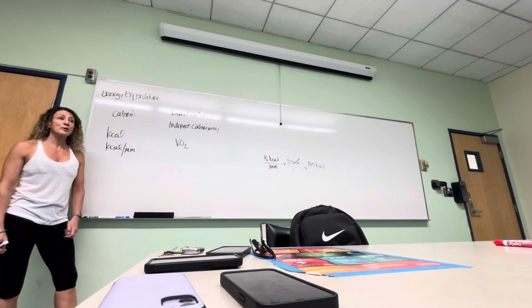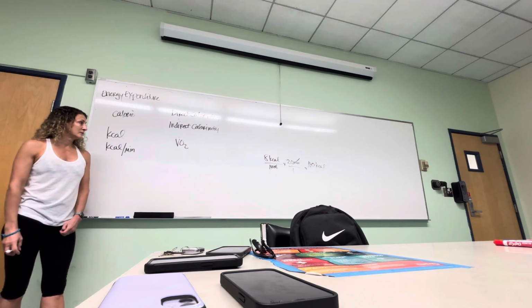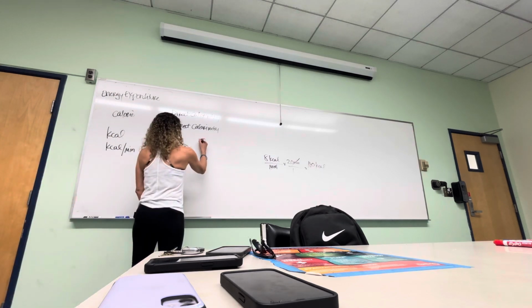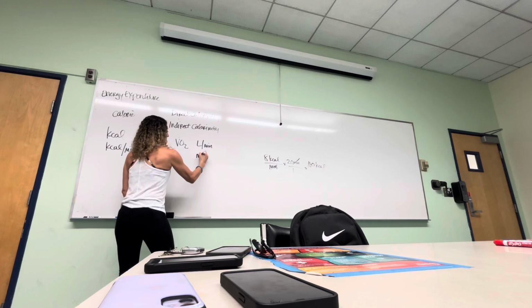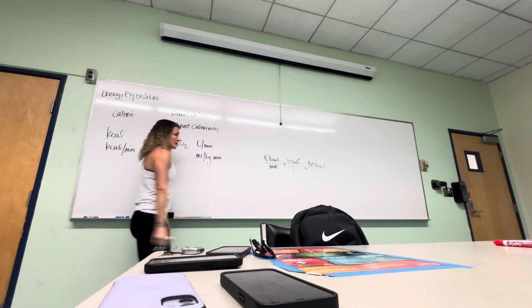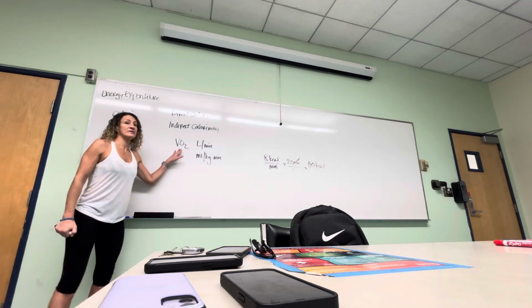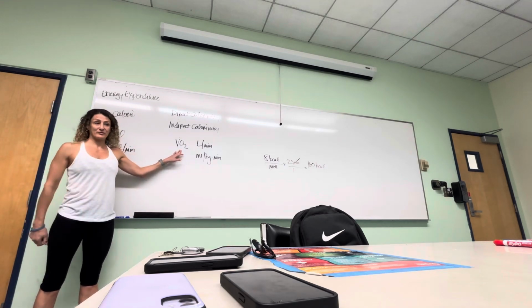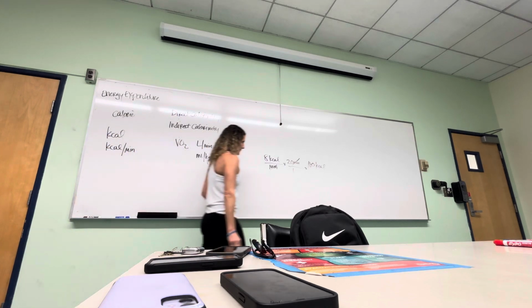It's also going to be per minute. So volume of oxygen will be expressed either in liters per minute or in milliliters per kilogram of body weight per minute. Oxygen consumption. So VO2 I will pronounce as oxygen consumption, but I will write it as VO2. Okay? The dot on top of the V means per minute.